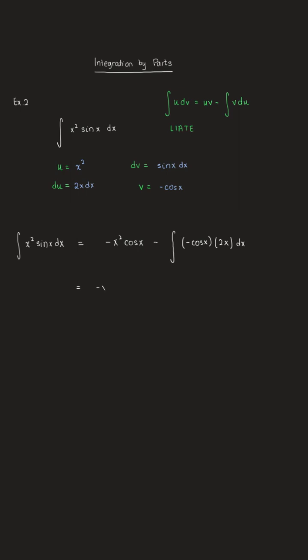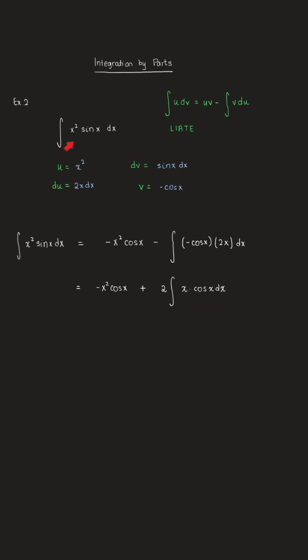So we've got our negative x squared cosine x. And then here we have a minus, but we also have a negative cosine, so this will become plus. And I'm going to pull out the 2 as a constant outside of the integral and rewrite this as x times cosine x dx.